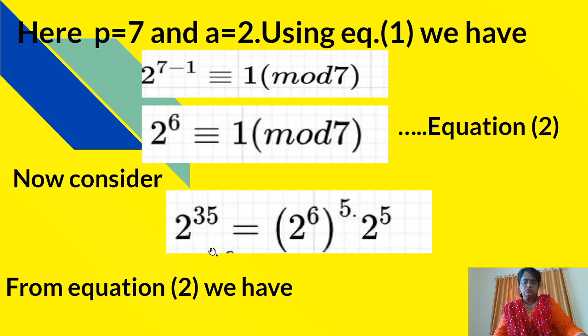Now consider 2 raised to 35, which can be written as (2 raised to 6) bracket raised to 5 into 2 raised to 5.